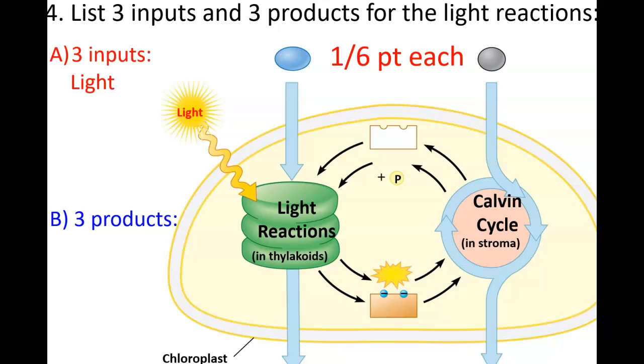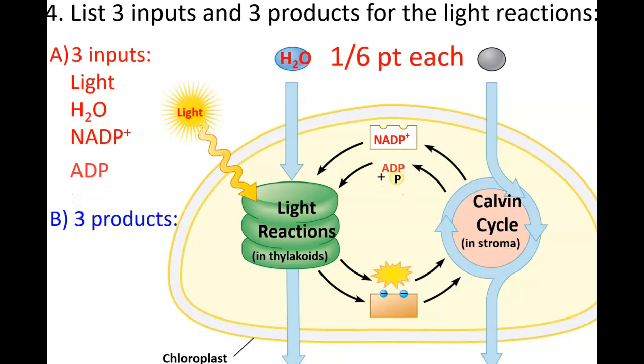What do you need for your light reaction to happen? We need light. What's this blue blob at the top here? That's going to be your water, your H2O. And the other thing we're going to need is NADP+. We need this in order for your light reactions to happen.